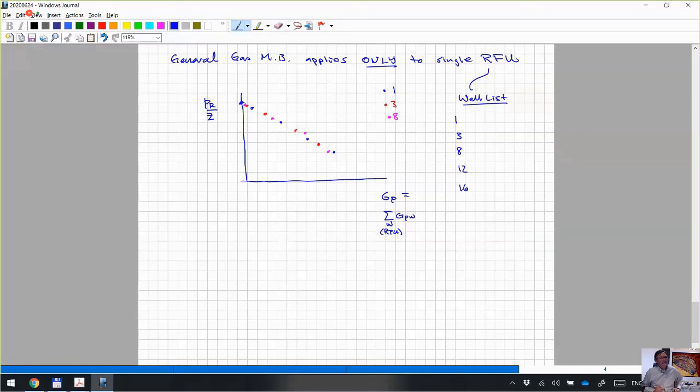Sometimes you just have to give up using it. There is the largest gas field in Pakistan, and when I was working there, we were the operating company, and if you look at this P over Z plot for that field, it's like a classical straight line, and they are still using it to calculate the in-place number.